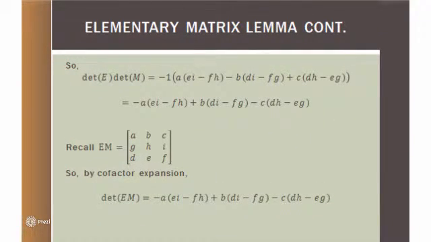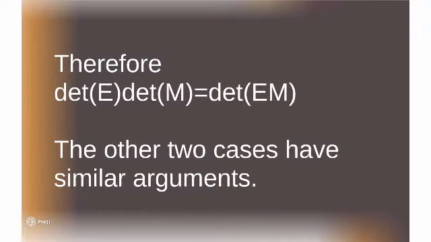Now the determinant of E times the determinant of M equals -1 times all of that, so it'll just make that whole thing negative. And recall that EM is A, B, C, G, H, I, D, E, F. By cofactor expansion, the determinant of that equals the same thing as the determinant of E times the determinant of M. Therefore, the determinant of E times the determinant of M equals the determinant of EM.